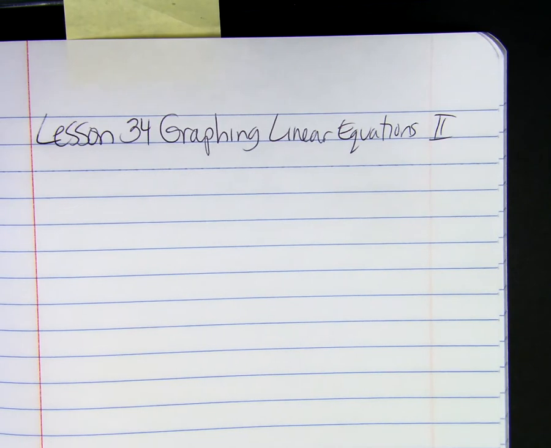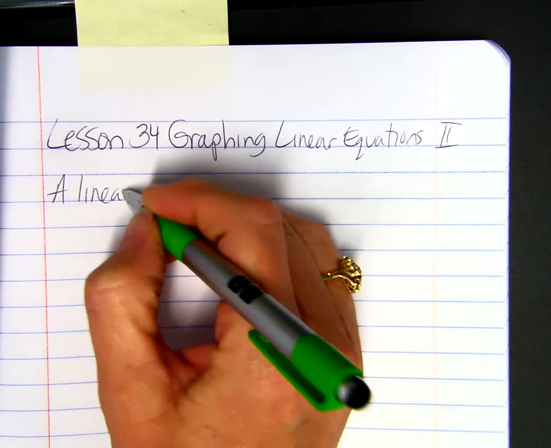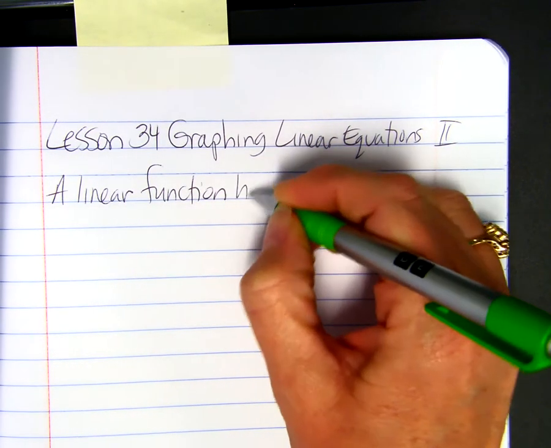A function that has a constant rate of change is called a linear function. So let's just put: a linear function has a constant rate of change.